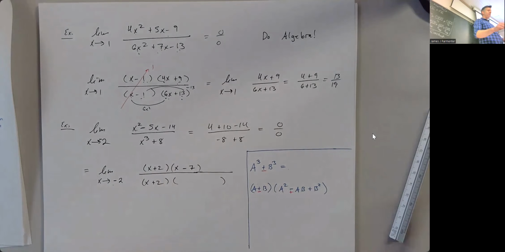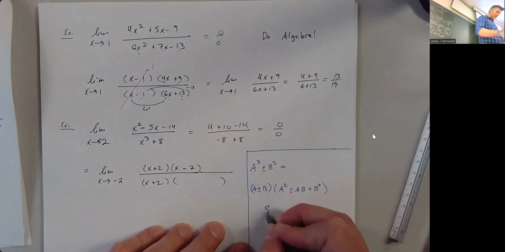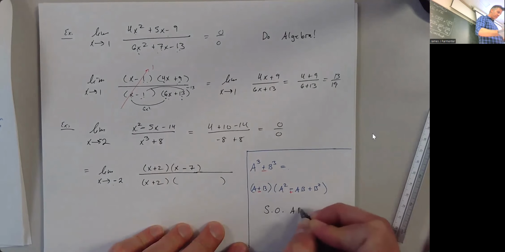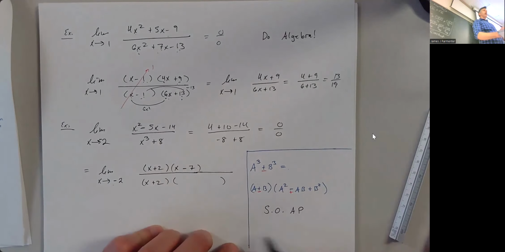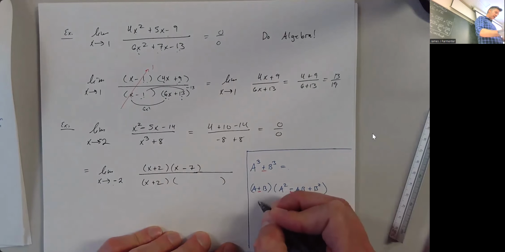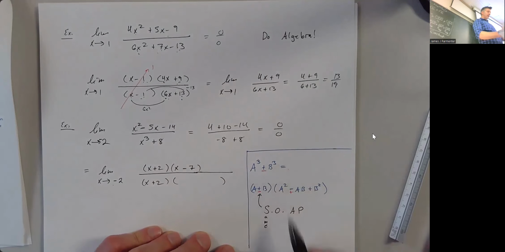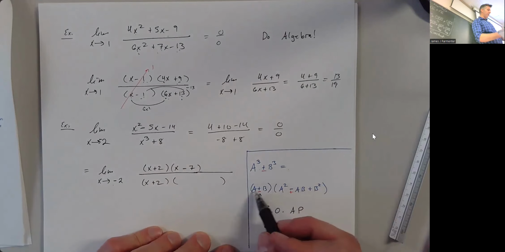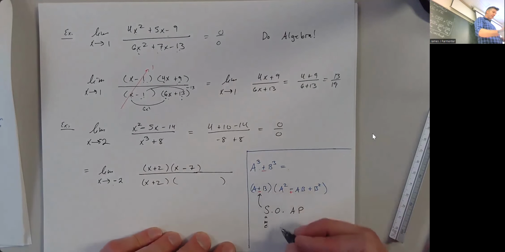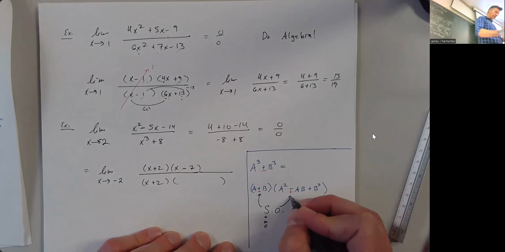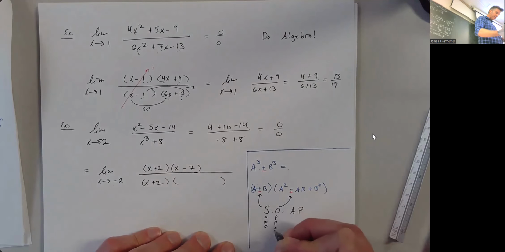There is an acronym for this that I think is somewhat clever. The acronym is SOAP. And the letters stand for the signs. So the first sign here is the same as what you started with. So if it's a cubed plus b cubed, it's going to be a plus b. And then the next sign is the opposite of what you started with.